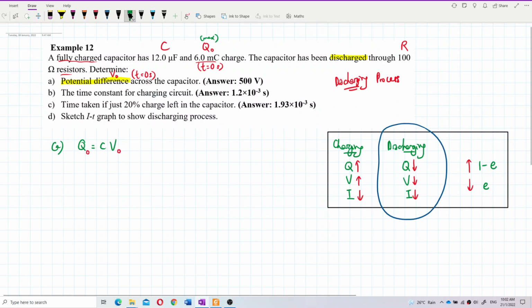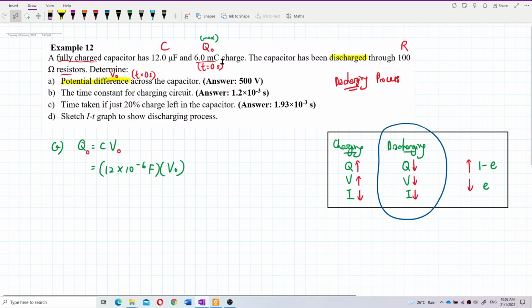Substitute: my capacitance is 12 micro, so micro is exponent negative 6 farad.